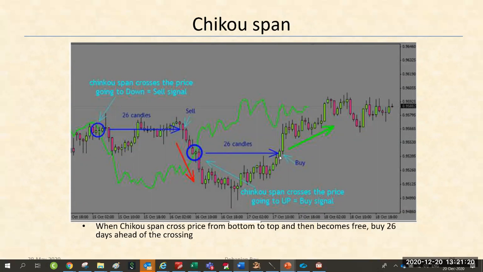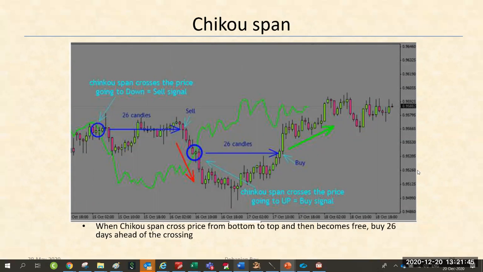Let's take this particular day. You go back and see that the Chikou line is crossing from below to the top. That means it is cutting the price and going upward. This is the confirmatory day. You should buy the stock. Is this clear?